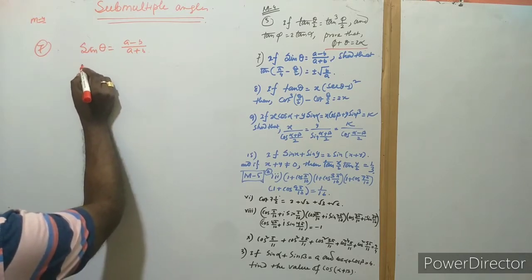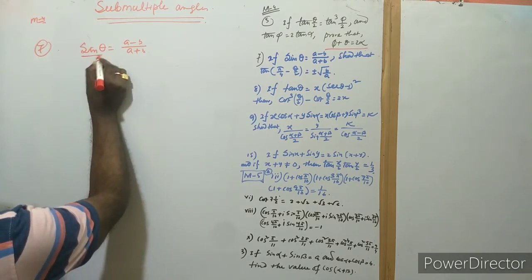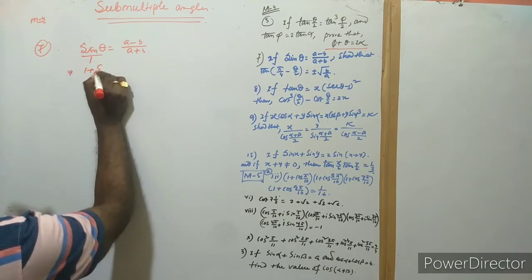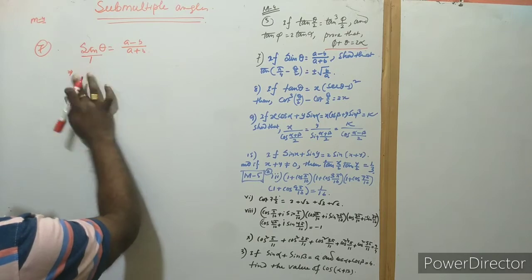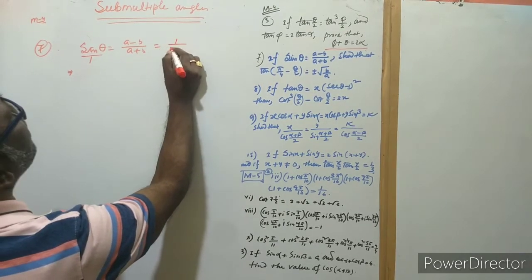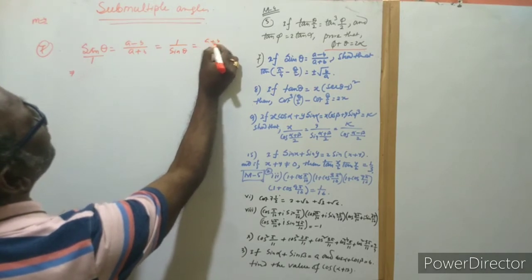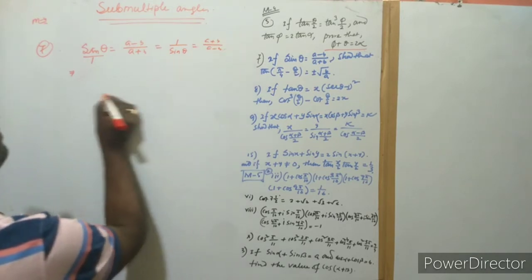Okay, so now on the right side we do 1 plus, here 1 by sin theta, and that would be 1 plus b by 1 minus b here.